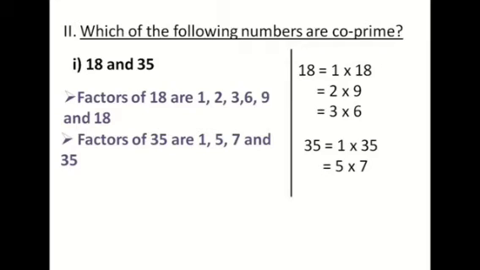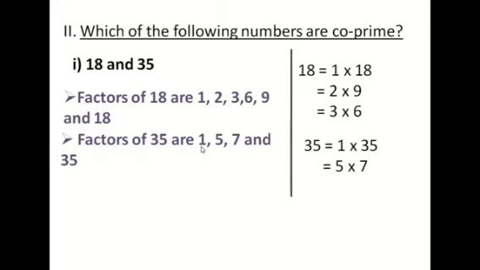Now you have to compare the factors of 18 and 35. What are the common ones? If it is only 1, then we can call these two numbers co-prime. For 18 it is 1, 2, 3, 6, 9 and 18. For 35 it is 1, 5, 7 and 35. So 1 is the only common factor here.